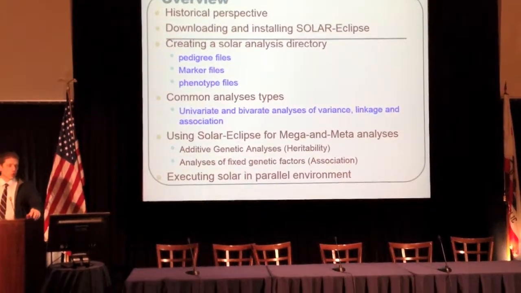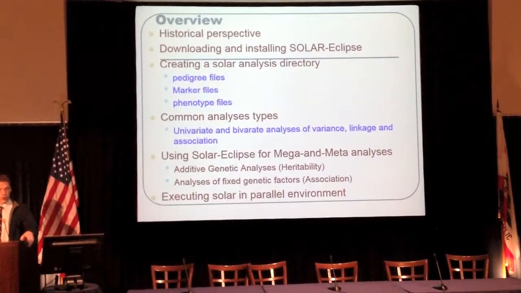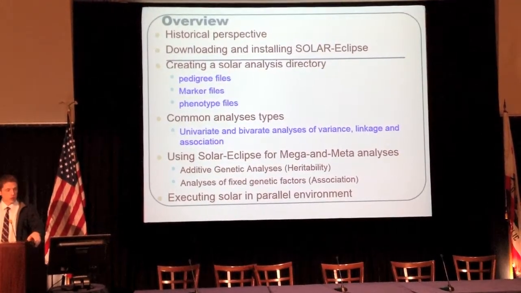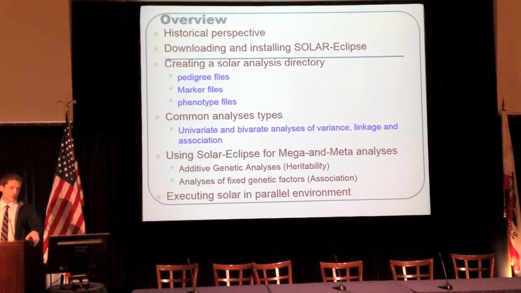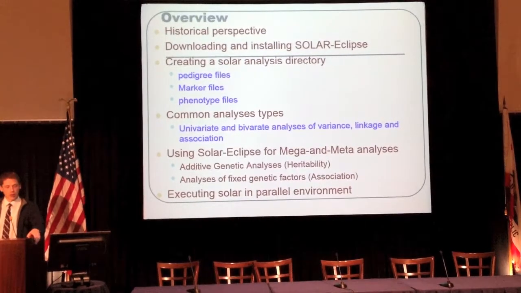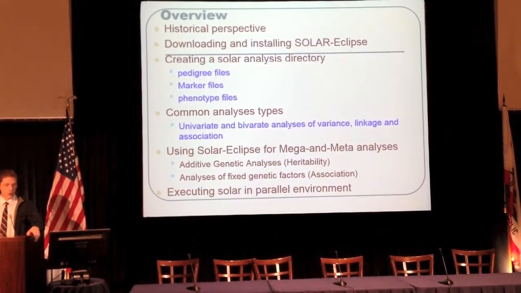In this talk we'll go through a historical perspective, then I'll be talking about downloading and installing Solar Eclipse, then creating a Solar Eclipse directory, including pedigree files, marker files, and phenotype files. Then I'll go through the most common analysis types, specifically univariate and bivariate analysis of variance, linkage, and association.